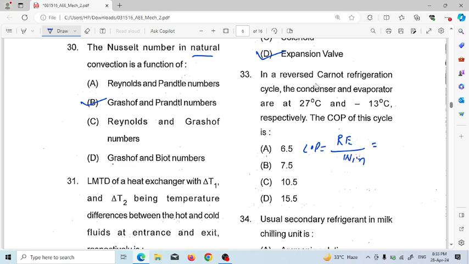For this reverse Carnot cycle, it is T lower divided by T higher minus T lower. Sorry, one minute, I have to derive the formula.